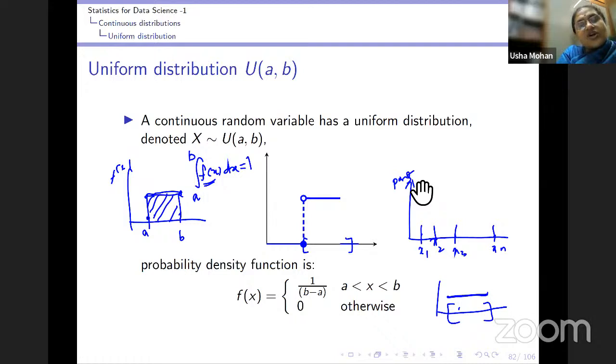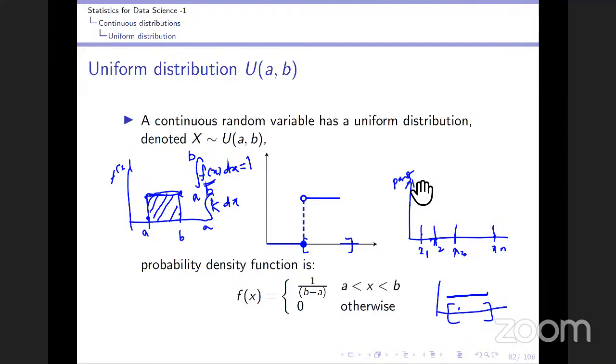Now, this f of x is a constant. Let me call that constant k. The integral of k dx from a to b. What is the integral of a constant? It is k times x, a definite integral from a to b.